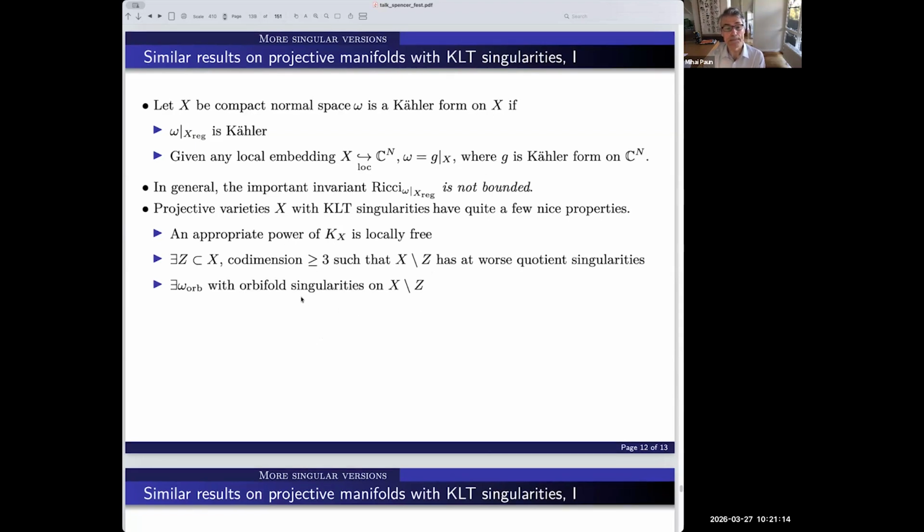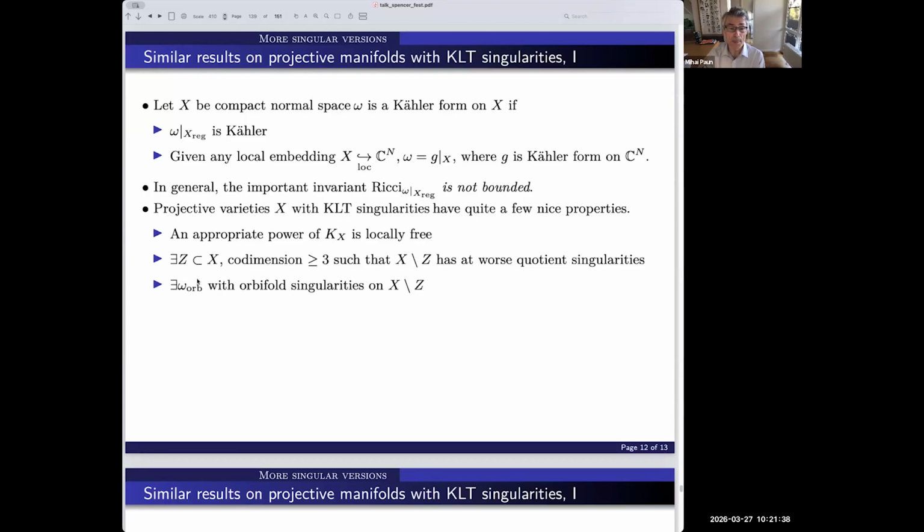And then also there is, so to speak, a competitor to this picture here: on any space with log terminal singularities, we can construct a metric, let's say omega orb. We simply have orbifold singularities at every point in the complement, right?